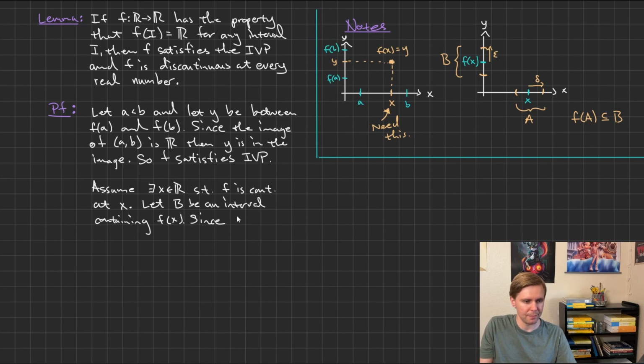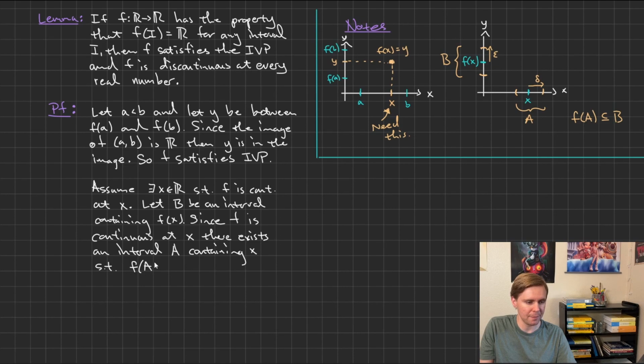Since f is continuous at x, there exists an interval a containing x such that f of a is a subset of b. So the image of a under f is a subset of b.